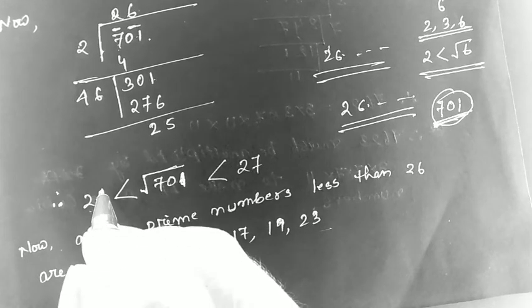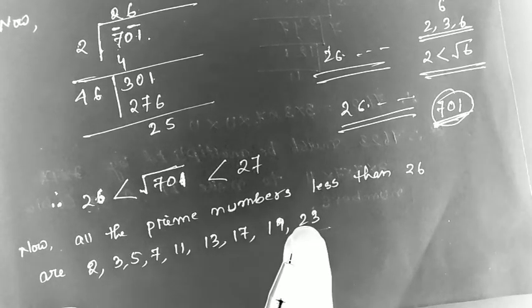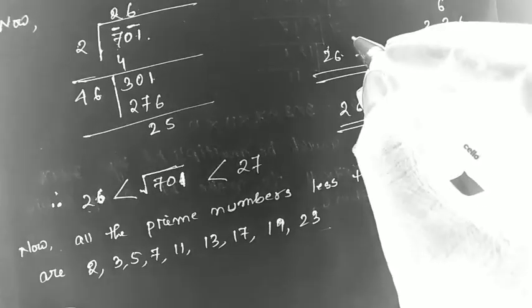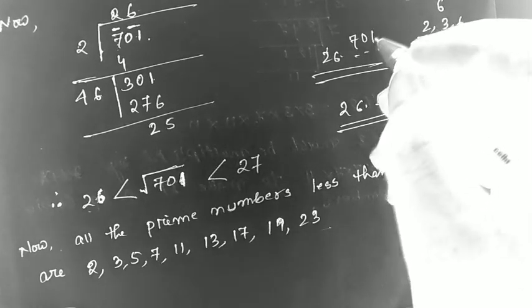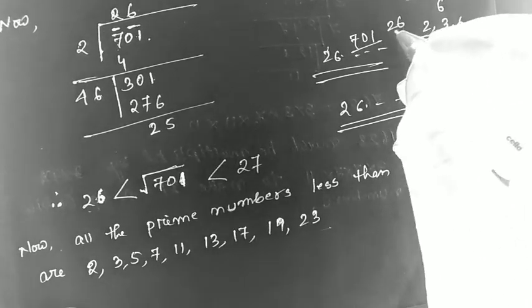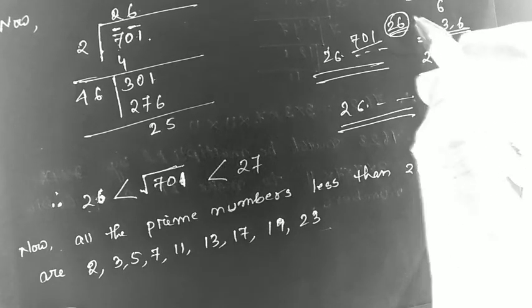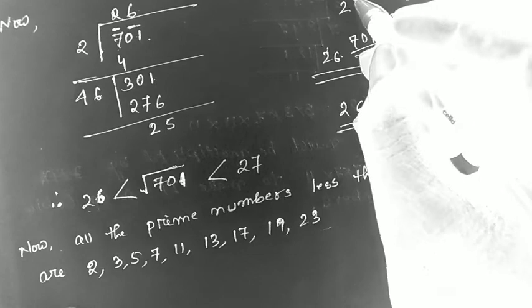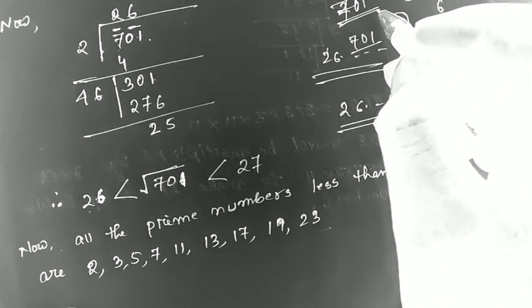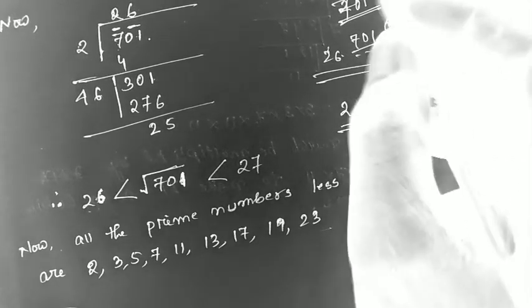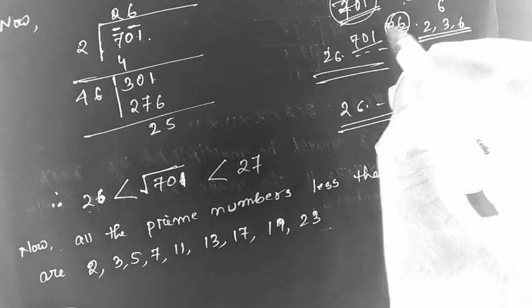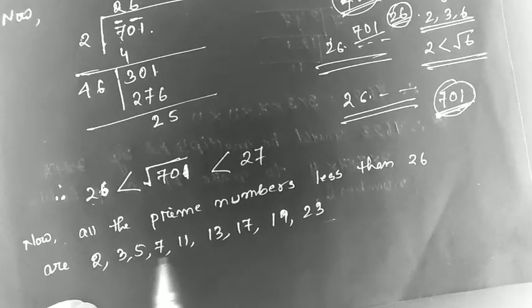Why are we considering these numbers only? Because the square root of 701 is greater than 26. So there is no number greater than 26 which will divide it, and 26 does not exactly divide 701. That is why we are considering these prime numbers.